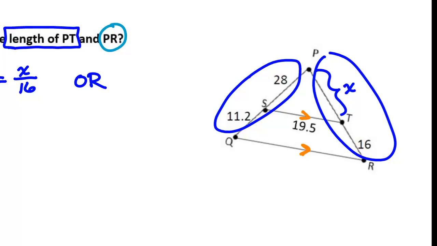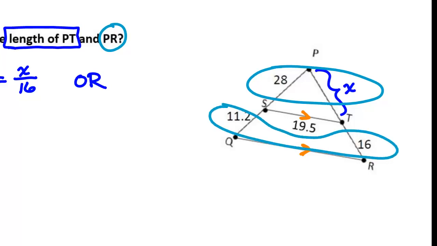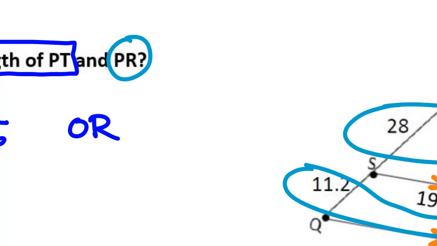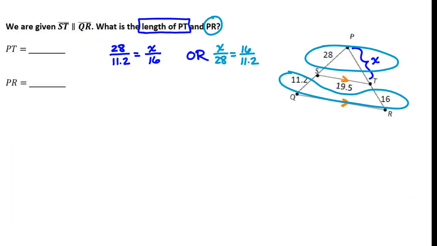Or, still using those parallel lines, I can set up fractions like this. So we could have X over 28 is equal to 16 over 11.2. Either way of setting that up is fine, and I'm going to show the third way of setting it up after we're done solving this.